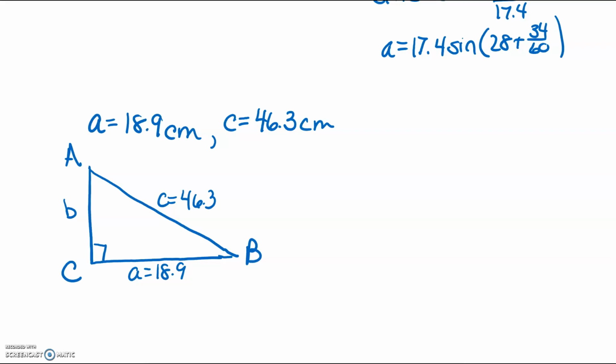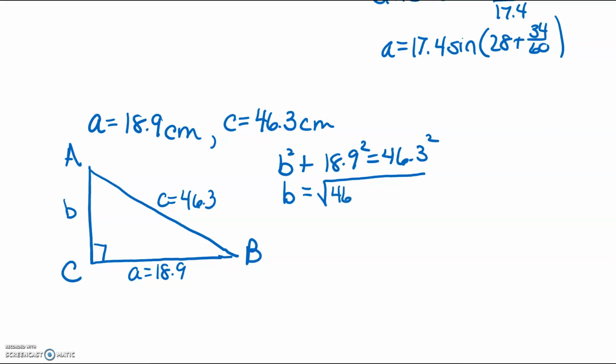So I can use the Pythagorean theorem to solve for b. So b squared plus 18.9 squared is 46.3 squared. So b is going to be the square root, and it's going to be positive because we're talking about distances here, of 46.3 squared minus 18.9 squared. So you can plug that in your calculator and solve.